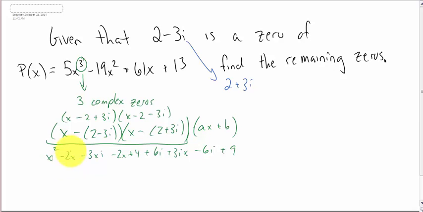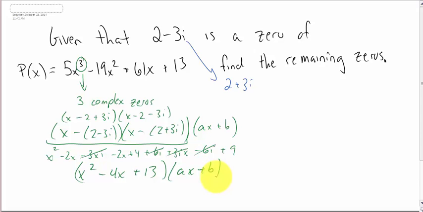Now let's combine our like terms, and then we'll look at what we're left with. So now we have x squared. The 3ix's cancel out, the 6i's cancel out. We have x squared minus 4x plus 13 times ax plus b.